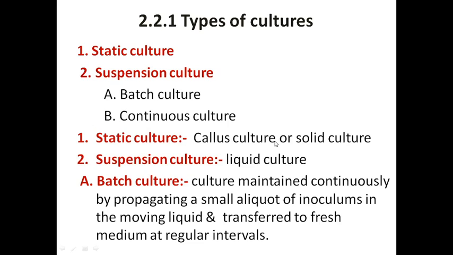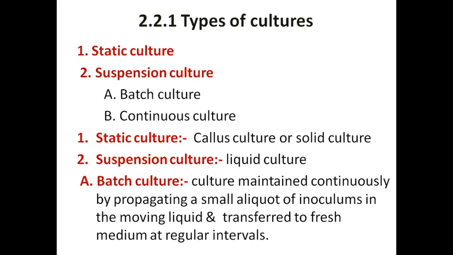After shoot formation we can transfer it onto an auxin containing medium, and then there is rooting. So students, this callus culture technique is easier and conventional for the initiation and maintenance of the cell line, and also for carrying out investigation studies related to organogenesis. Organogenesis is nothing but organ formation, like shoot formation and root formation, remember that.